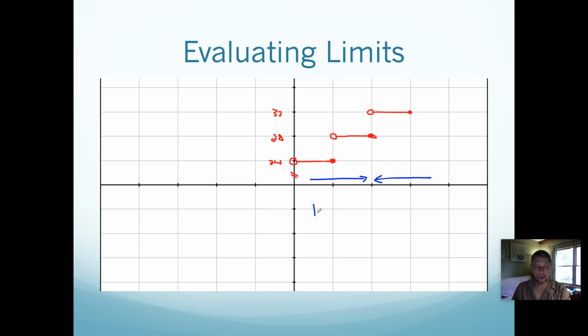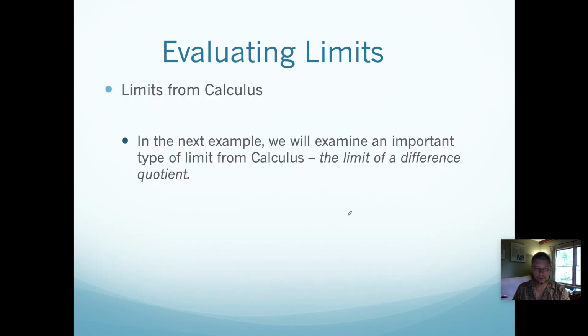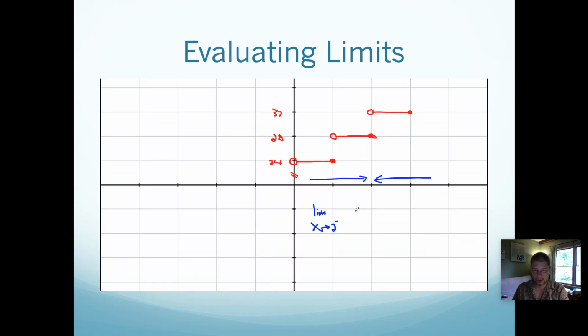And so the limit as x approaches 2 from the left of f of x equals $28. The limit, on the other hand, as x approaches 2 from the right of f of x is $32.